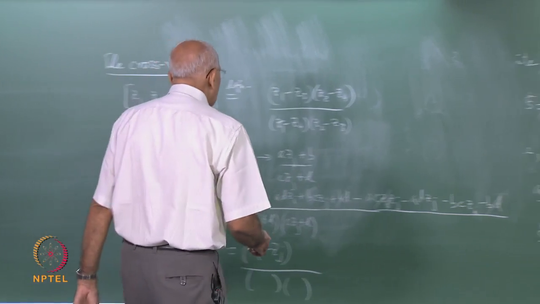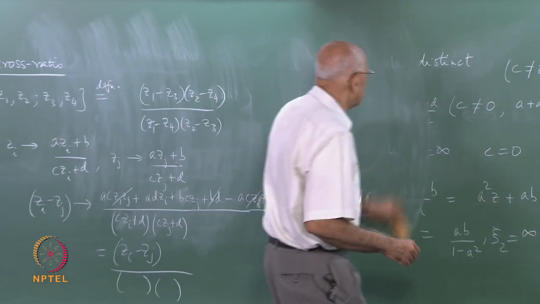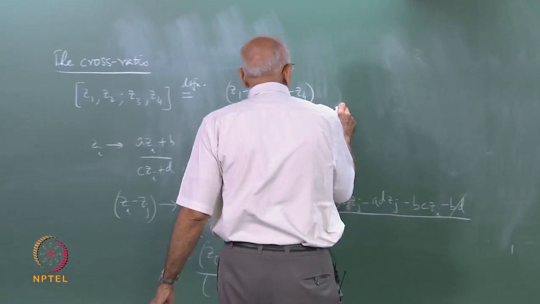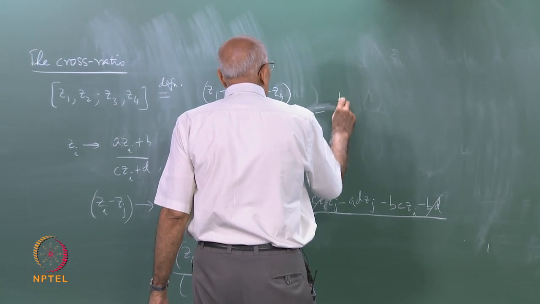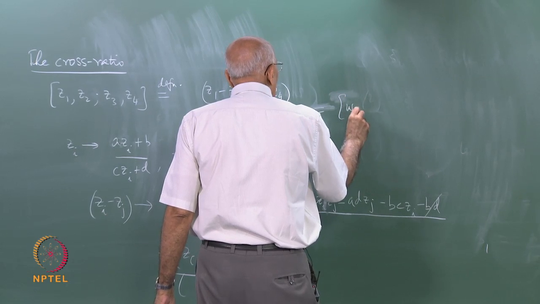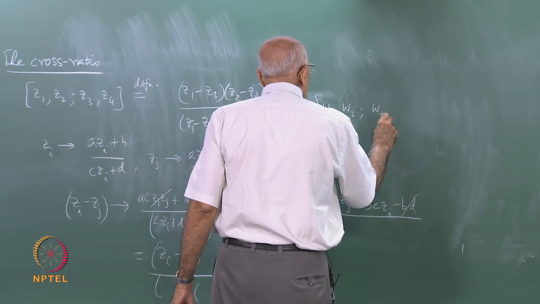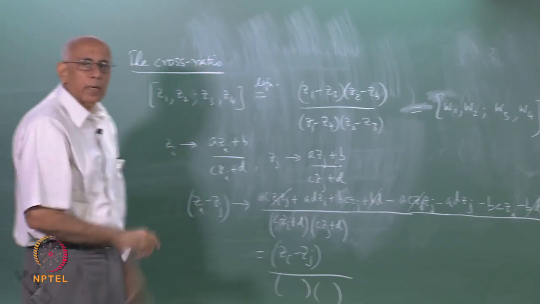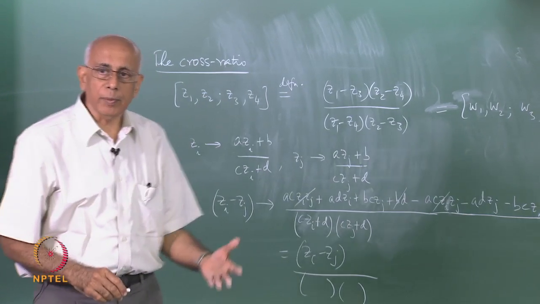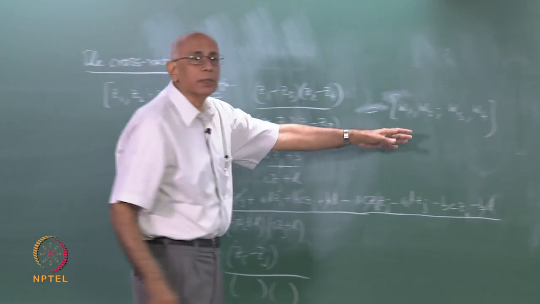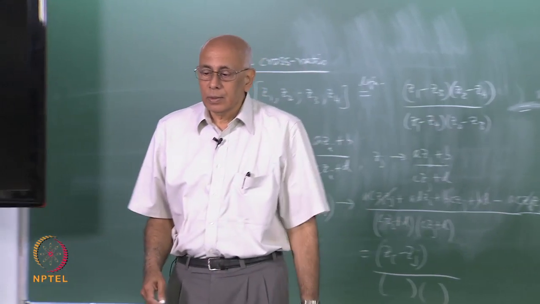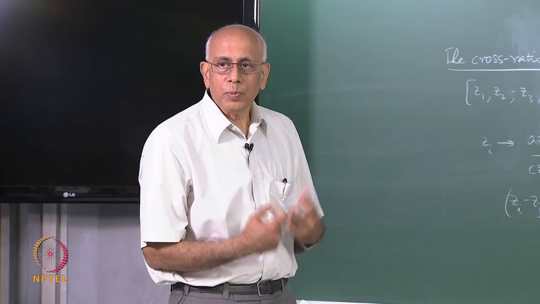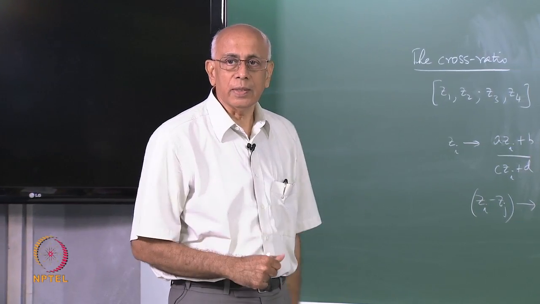So if Zi goes to Wi, where i is 1, 2, 3, 4, under the transformation, then this cross ratio does not change at all, it is invariant. So that is the basic property we are going to exploit in everything, because this is a very crucial property of Möbius transformations, which will make life very easy now for us.